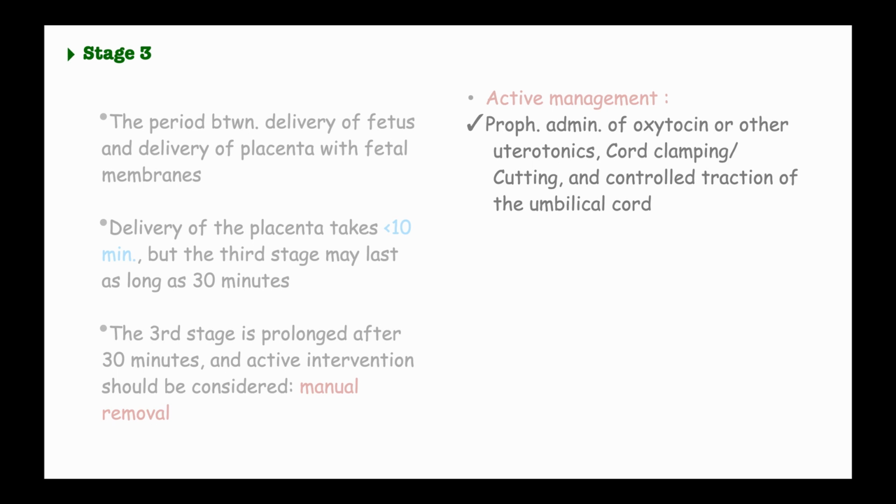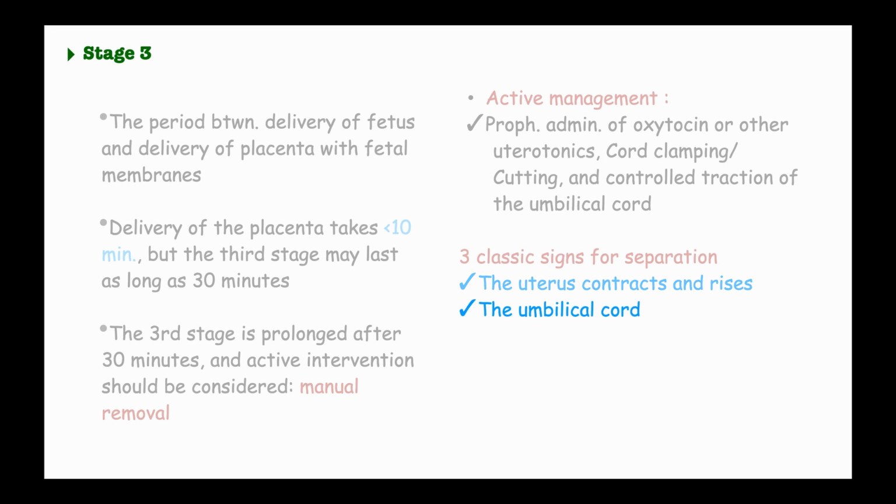Now, the next thing we must know is, how do we even identify that the placenta has separated? We have three classical signs for the separation of the placenta. The first one being that the uterus contracts and rises into the abdomen. Then we find the umbilical cord suddenly lengthens. Then the final thing that we can also see is the gushing of blood into the vagina.